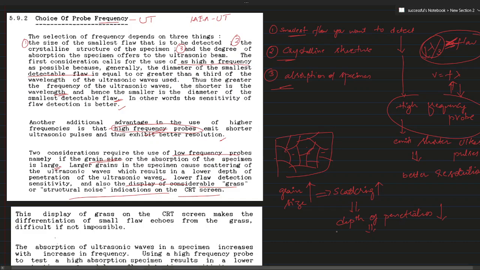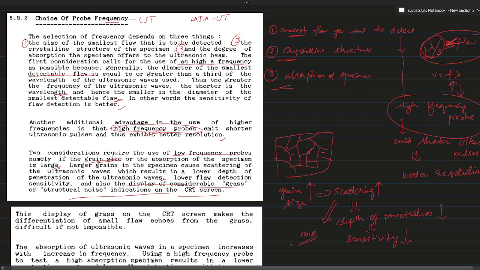That means sensitivity decreases. Also, if grain size increases, scattering increases, and due to this scattering, noise increases, considerable structural noise.